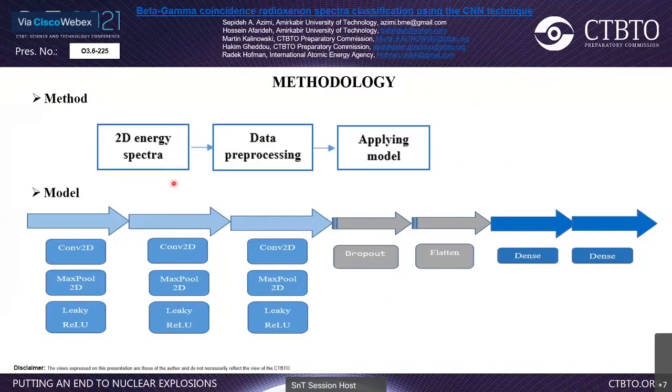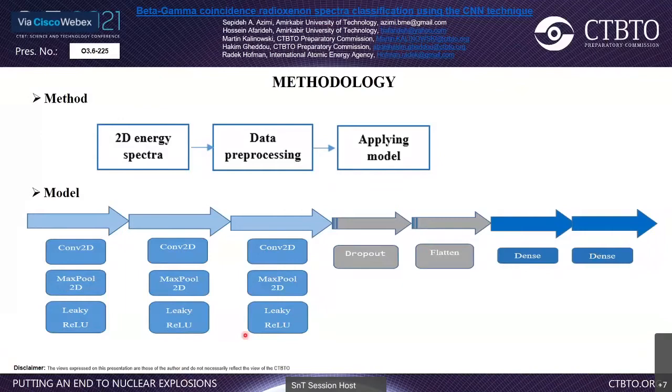This figure shows the overall workflow of our method. We tested several models, and it is expected that using convolution neural network is more effective than other learning machines due to the complexity of the input data in distinct levels.